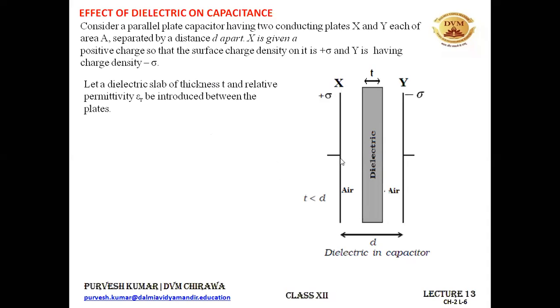Earlier, we had only air in between the plates, but now we have inserted one dielectric slab. The area of this slab is the same as the area of the plates of the parallel plate capacitor. Only the thickness is different.